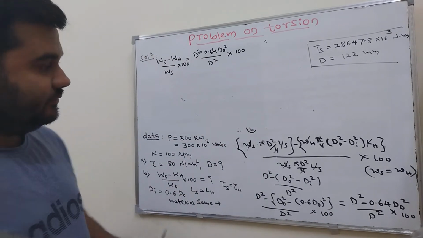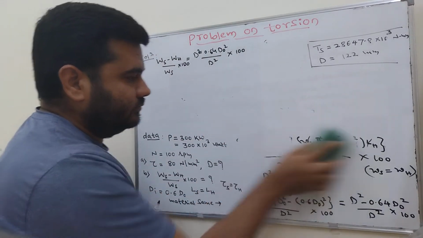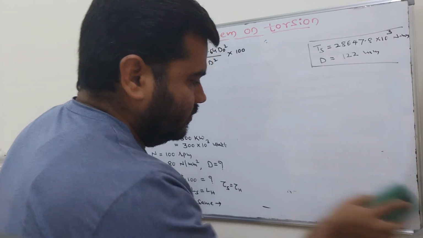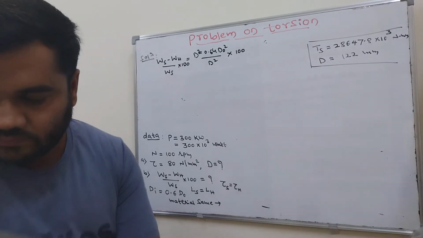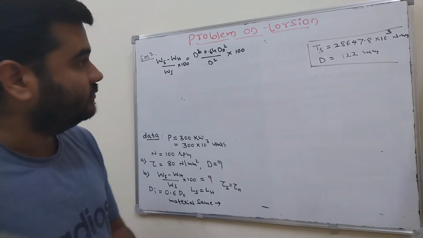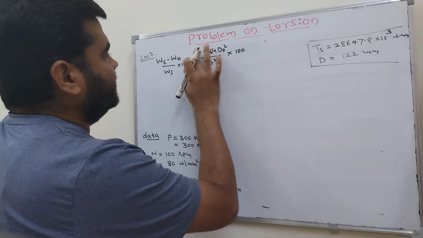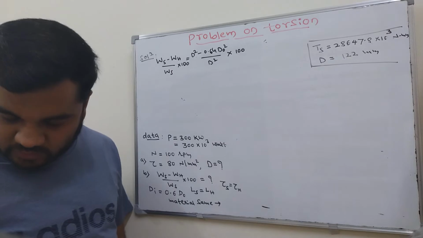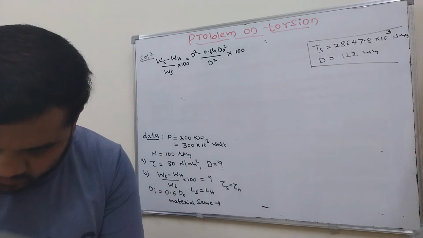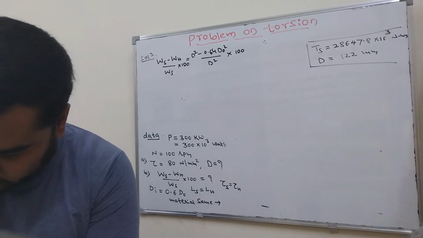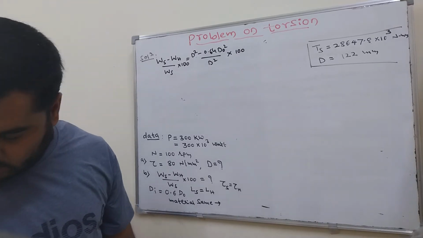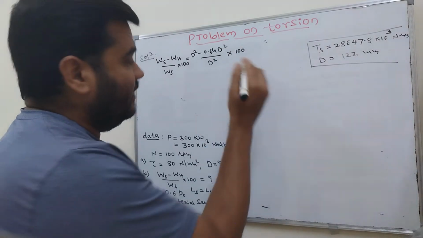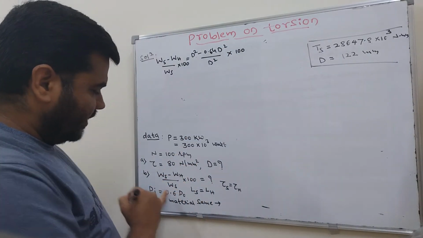So now to find di, I write this properly: d naught d square minus. So to find di, this is di we are getting, because we substituted in terms of di. di equal to 0.6 d naught.